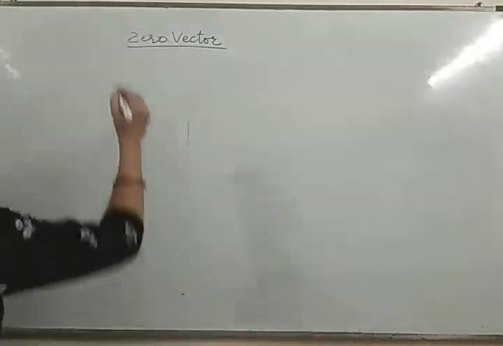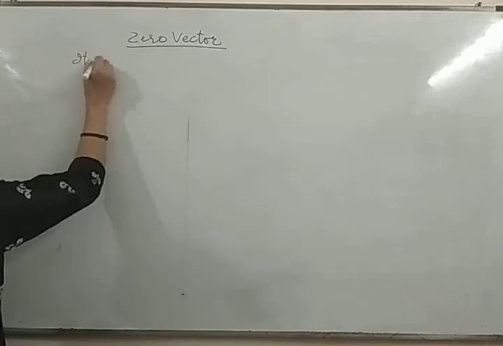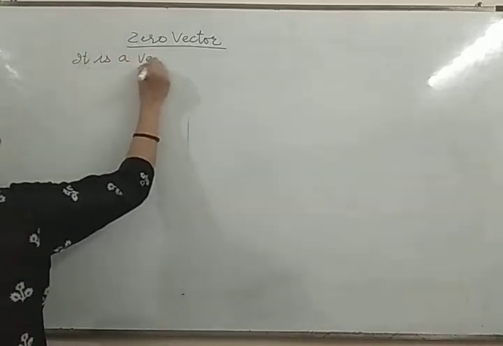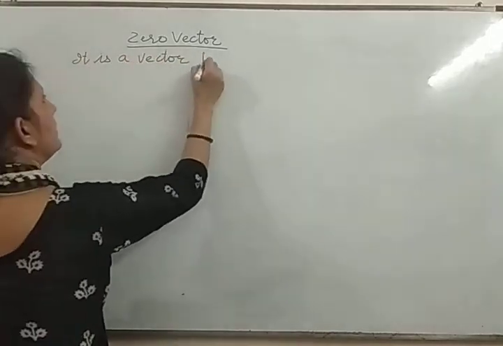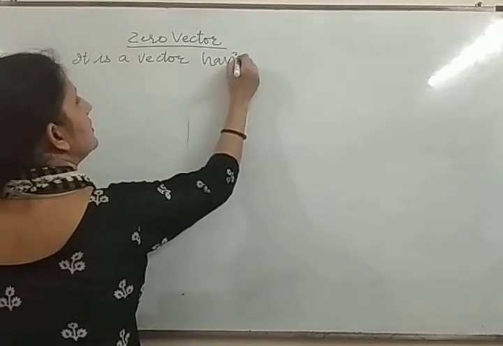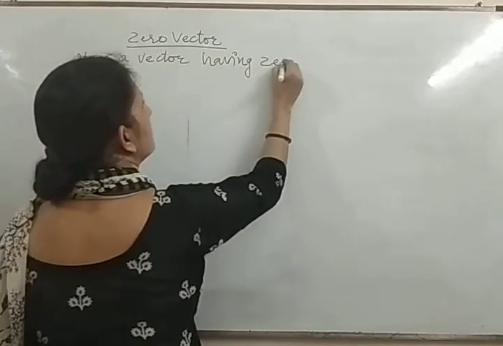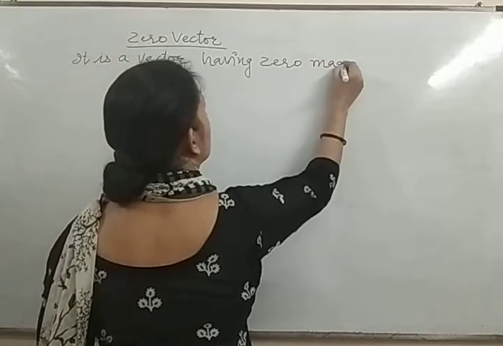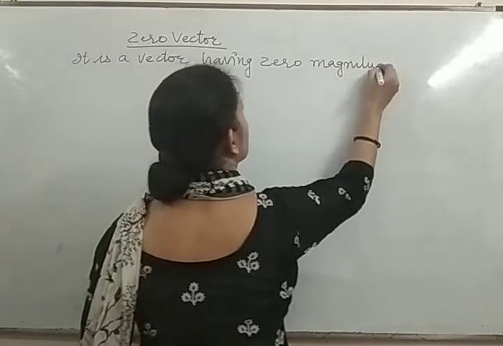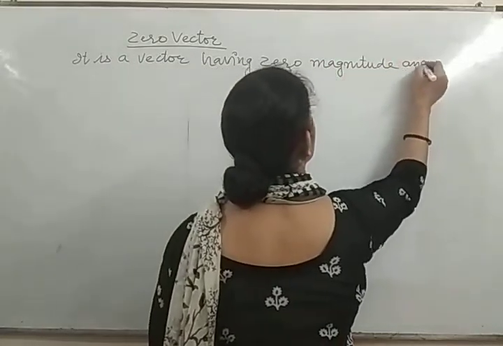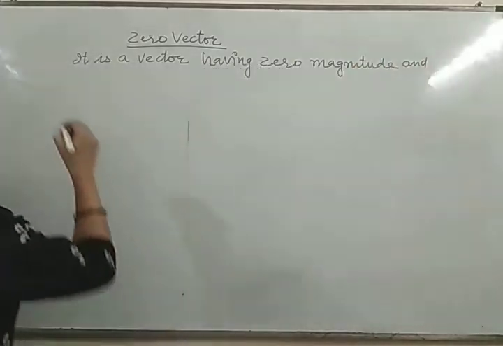So we can write: a zero vector is a vector having zero magnitude and arbitrary direction.